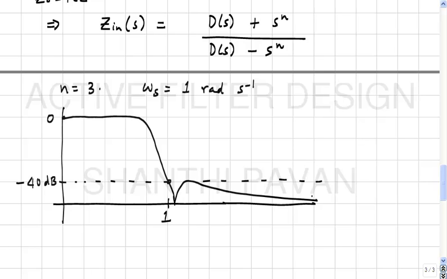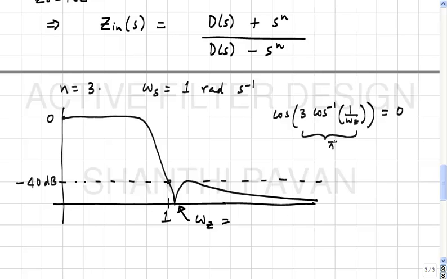Correct? And what will be the zero of transmission? Does somebody remember? Yeah, and what is that? The zero of transmission is given by cos of 3 cos inverse 1 by omega z equal to 0, which means this must be 2m plus 1 into what?